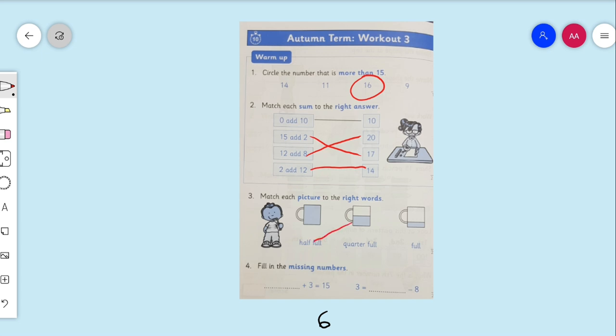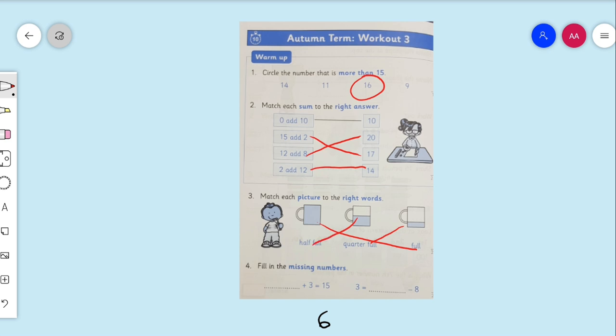And then quarter full, this one is all full, so that can't be quarter full. So obviously then this one might be it. So we check, yeah, it's less than half, and so that means quarter is the half of the half. So that matches the quarter, and then this one is all full, which means it matches to the full one there.